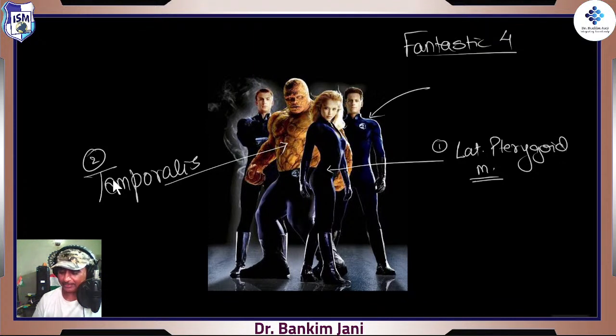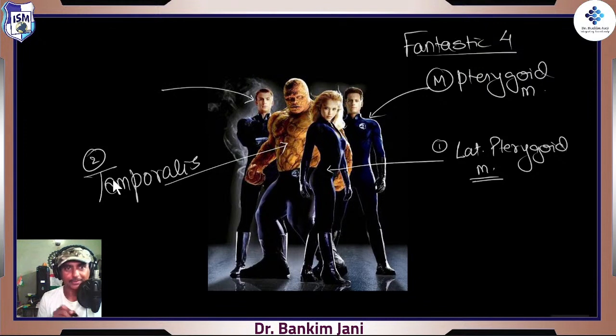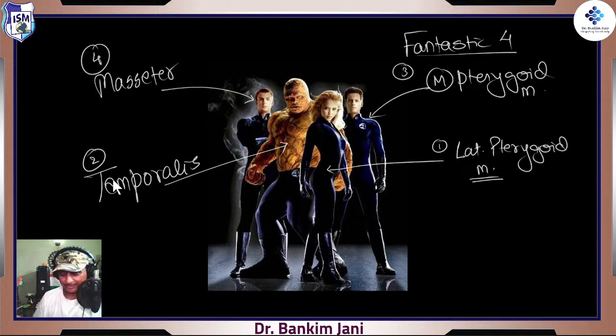So lateral pterygoid here, and let's write medial pterygoid over here, and this Johnny would be our masseter. So this is 3, that is 4. These are our Fantastic 4 muscles.